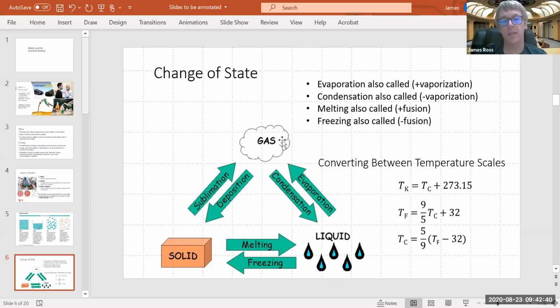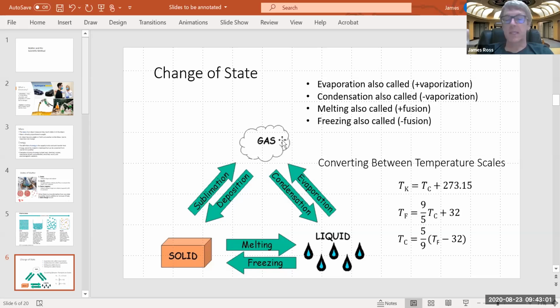Likewise, if we look at the solid to liquid state change again, melting later in the course we'll call positive fusion. And then freezing, which is positive fusion in the other direction, therefore becomes negative fusion. So be aware of the vernacular language, be aware of the more academic language.